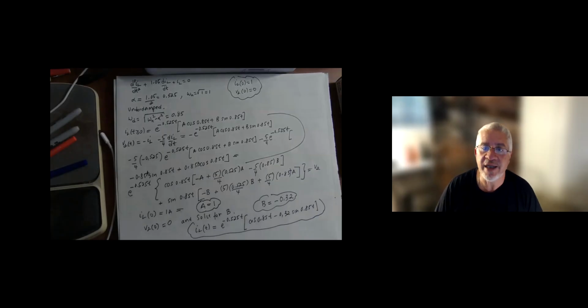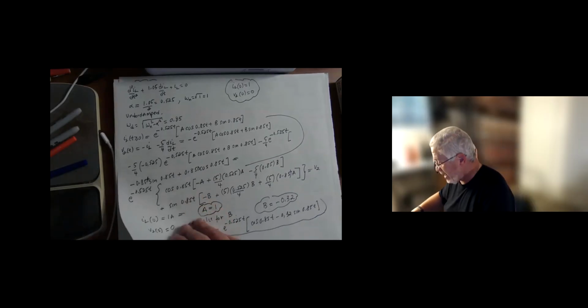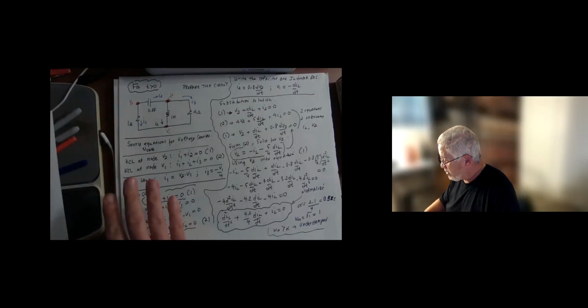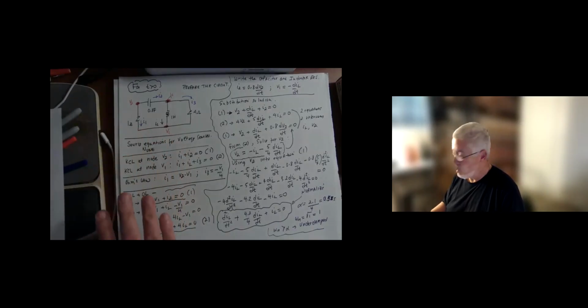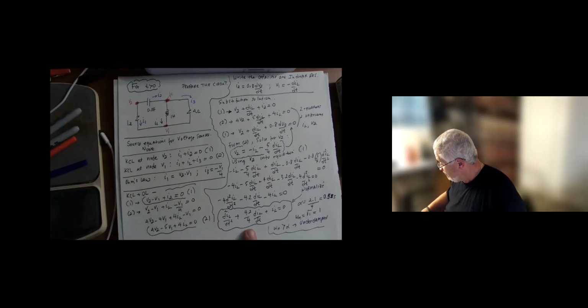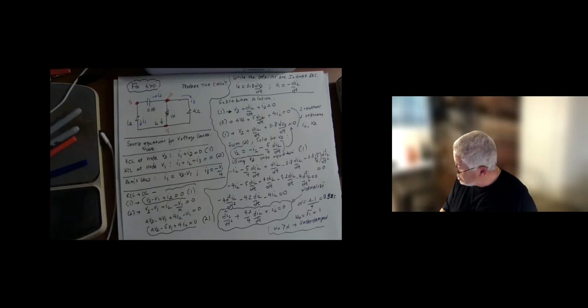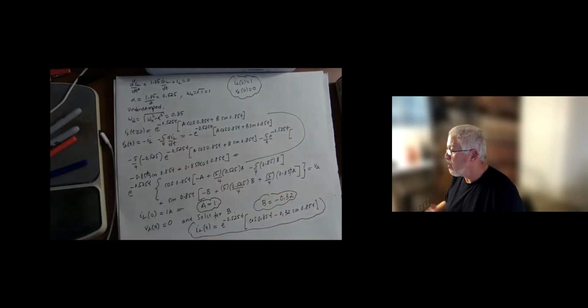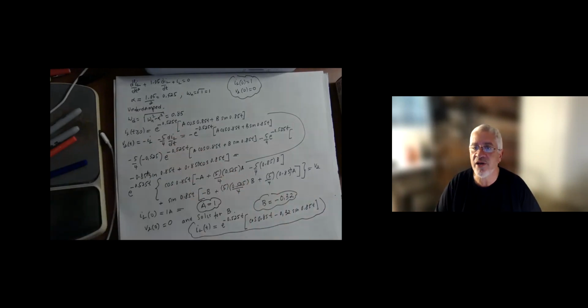We'll pick up another example. This is a bit messy, I grant you that, but it shows you the entire process: working the solutions for t greater than 0 using nodal analysis, coming up with the differential equations, and then solving for the constants using the initial conditions, and so forth. Thank you.